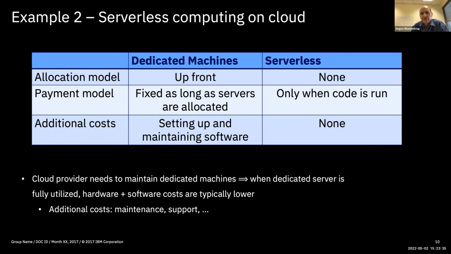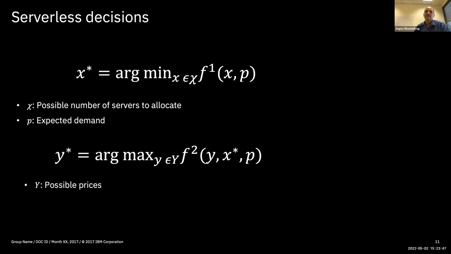So this is the traditional model, and the decisions that have to be made, from the point of view of the cloud provider, are the number of servers to allocate. That's one decision. So I have a predicted demand, and I want to decide on the number of servers to allocate. And this will also be an input to how much I want to charge for the serverless function.